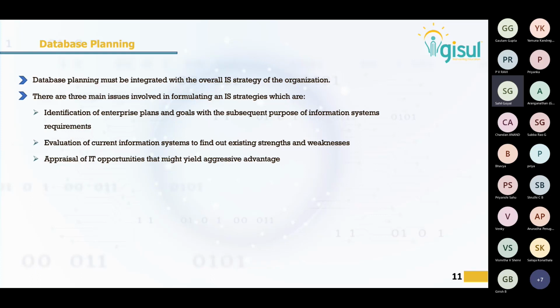One is a flat file, one is an Excel file, one is XML data, anything. You need to understand that of these five systems, which system is strong, which system is weak. What is the weakness of these systems? What is the strength of these systems? And how can they be migrated and interlinked with each other? That is where the evaluation of current information systems comes into the picture.